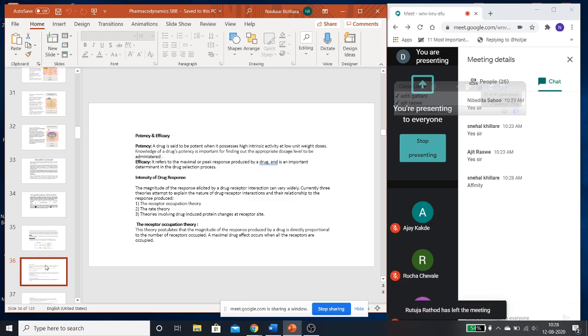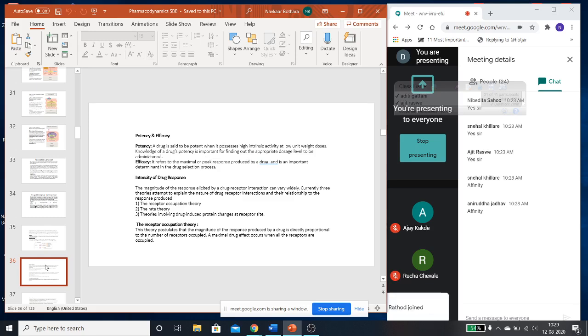A drug is said to be potent when it possesses high intrinsic activity at low unit weight doses or at lower concentration. We have discussed many times, there are drugs which are active at doses in micrograms, 10 micrograms. 10 microgram means almost 1 upon 100 part of a milligram.